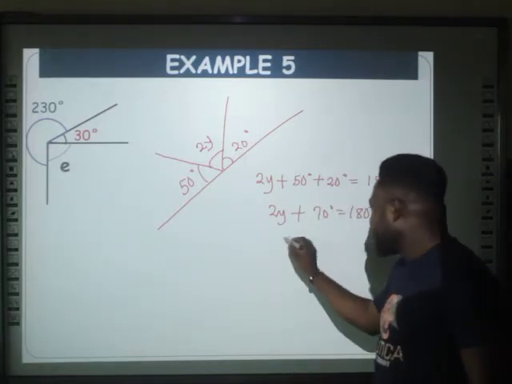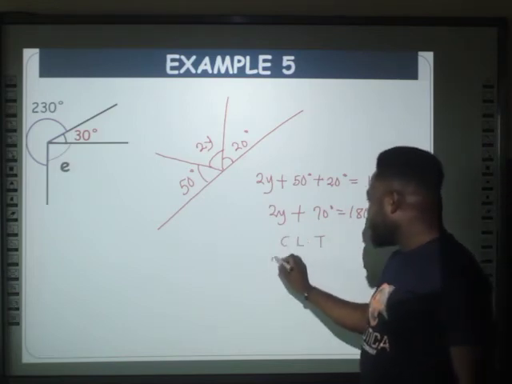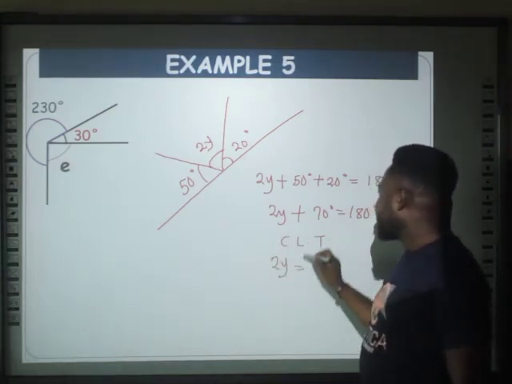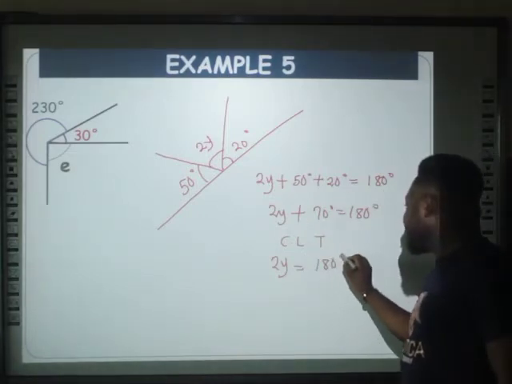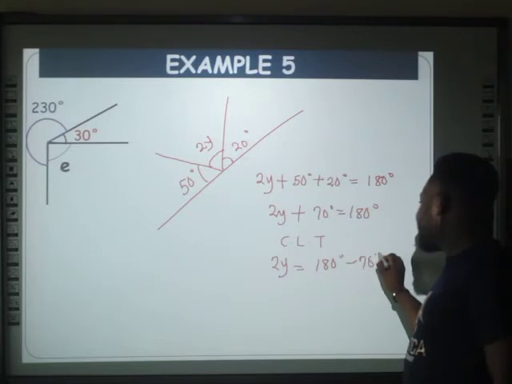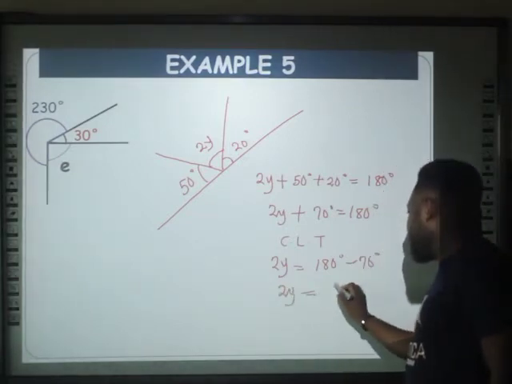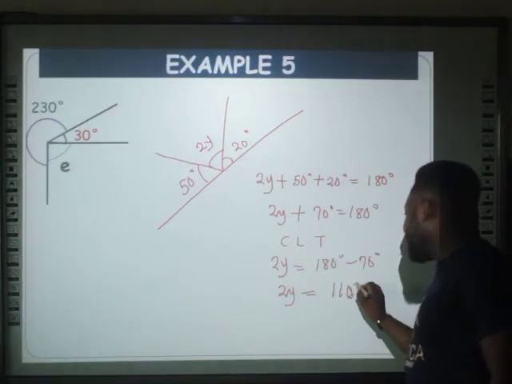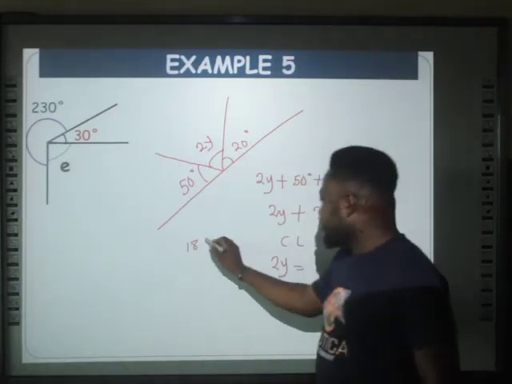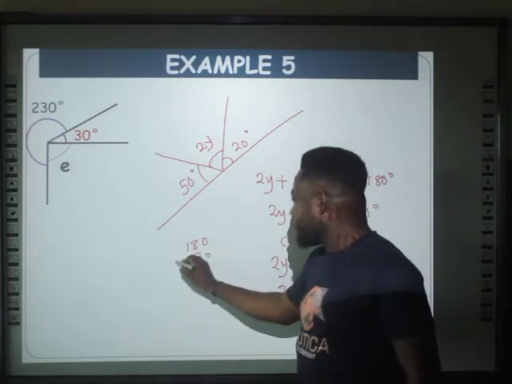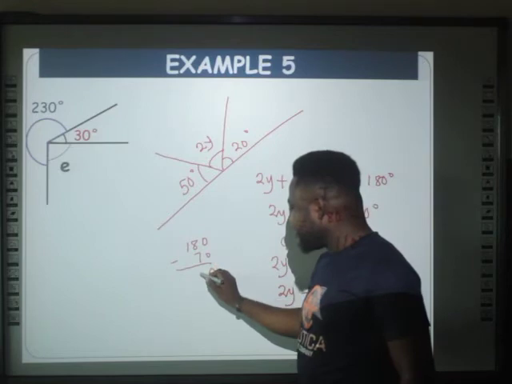Can you see that? Collect like terms. That means you drop down 2y equals, this will move to the other side. That will give you 180 degrees minus 70 degrees. So 2y is equal to 110 degrees, because you subtract 180 minus 70. 0 minus 0 is 0. 8 minus 7 is 1.